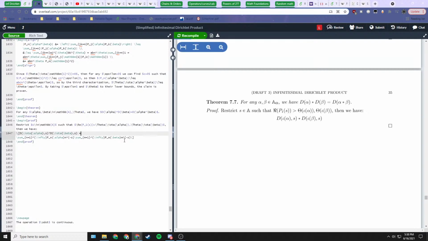And actually we'll be a little more suggestive. We'll do j equals 1, p sub j, j power minus s, and we'll do k equals 1, p sub k, k power minus s.